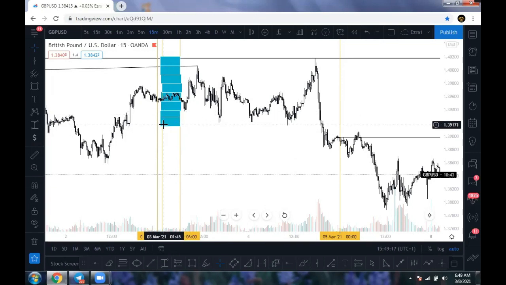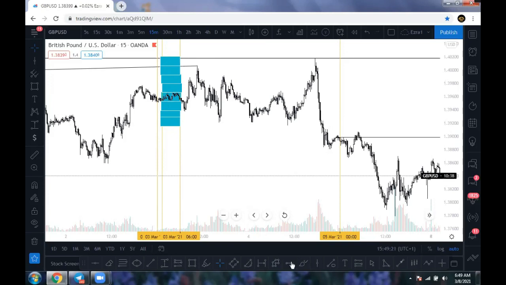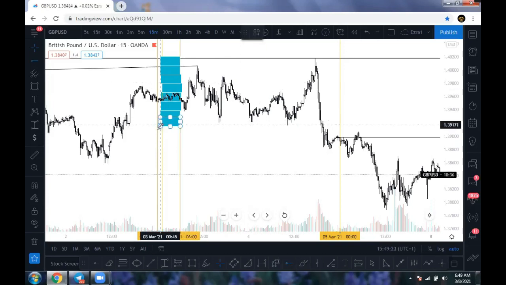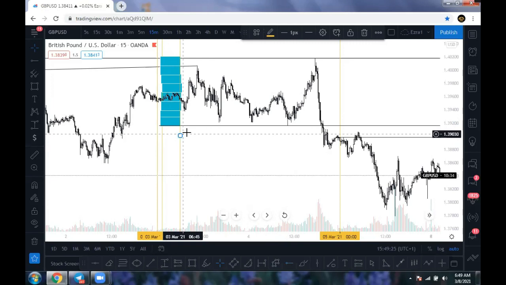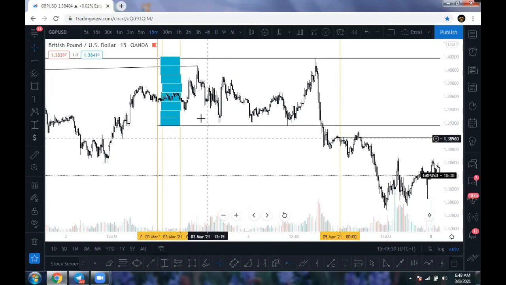So we also have 3 standard deviations before price pushed to the upside for this up move. We have 4 standard deviations to the upside and 3 standard deviations to the downside before this up move.